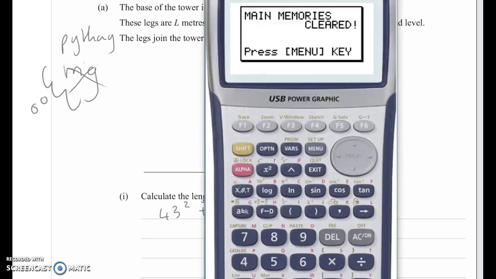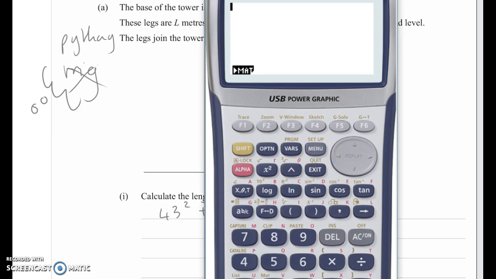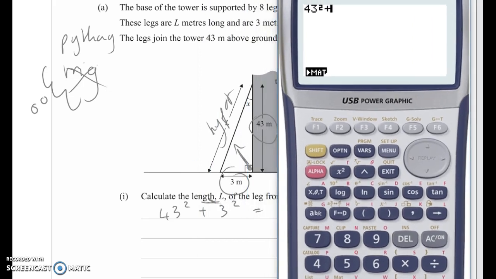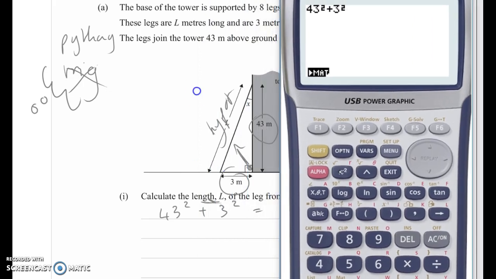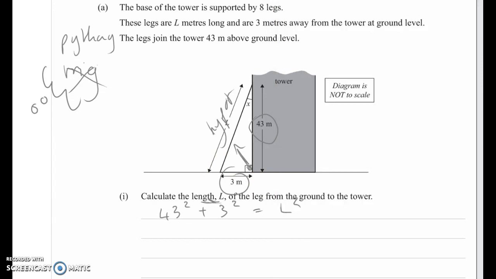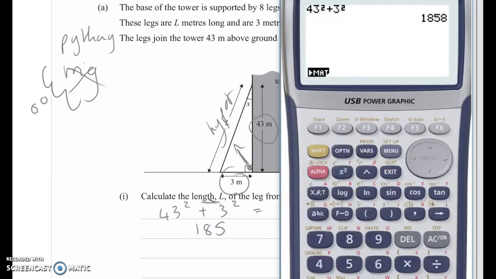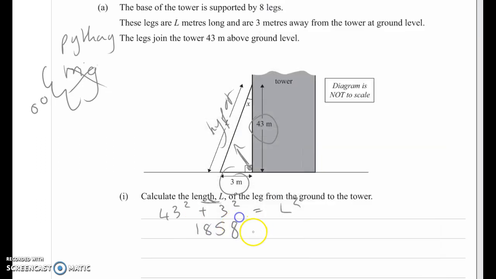So if I get out my calculator and go into the main thing, it's going to be 43 squared plus 3 squared equals, okay, so that's going to give me 1858, was it? Yep. 1858 equals L squared. Now, I don't want to know what L squared is.